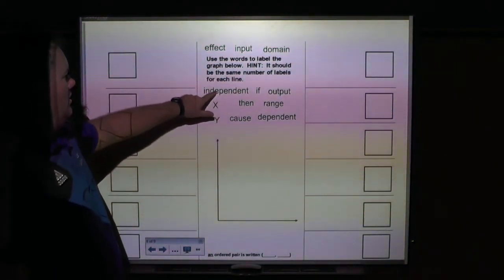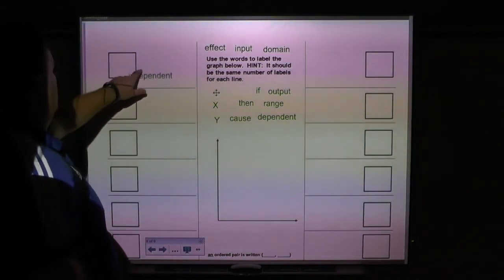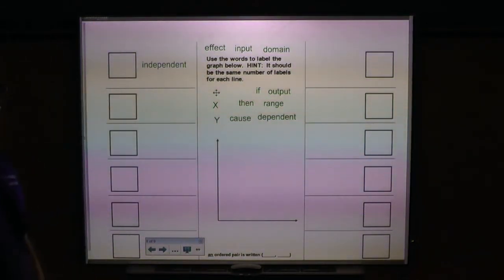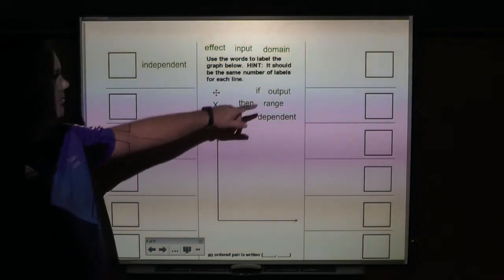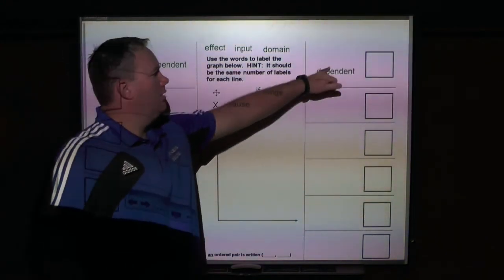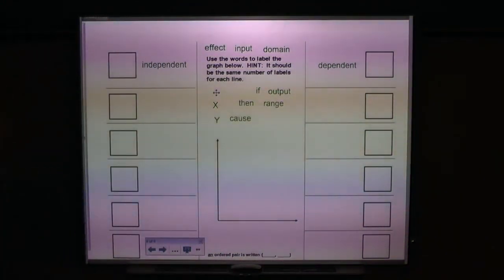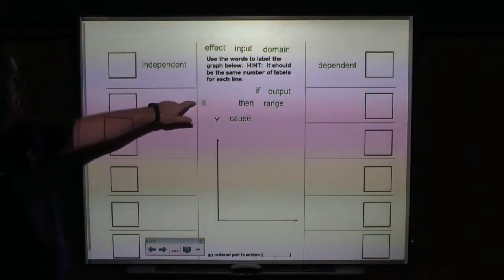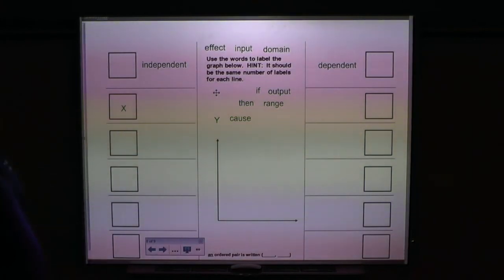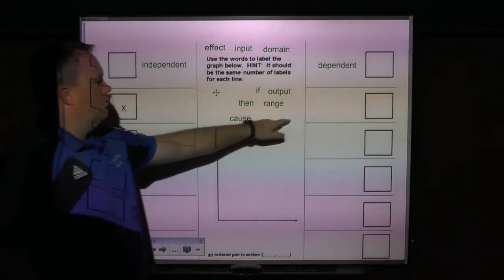So when we look at this, on the left side, x is your independent. So what goes with independent? Well, on the y side, it would be your dependent. We'll look at some of these other ones. X, we just talked about that. X coordinate, y coordinate.